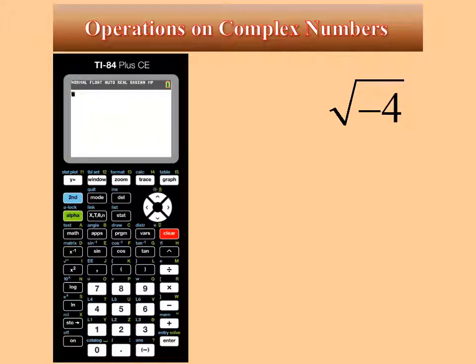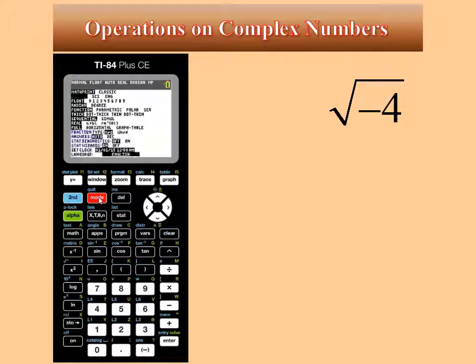To use our TI calculator for complex number operations, we need to first set the mode to complex mode. If we push the mode key, you notice on the line that starts with the word real, next to it there's a plus bi.